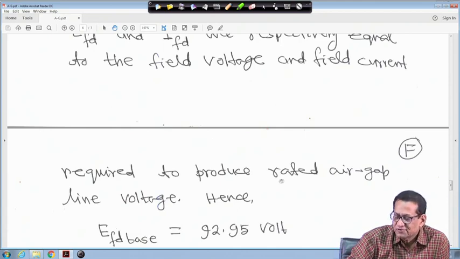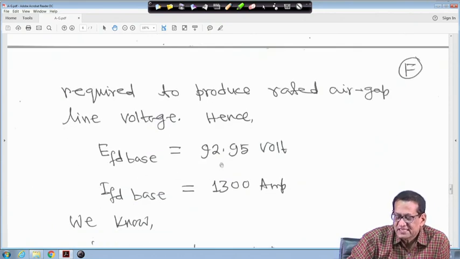Hence EFD base you can take as 92.95 volt, which was given, and IFD base is 1300 ampere.